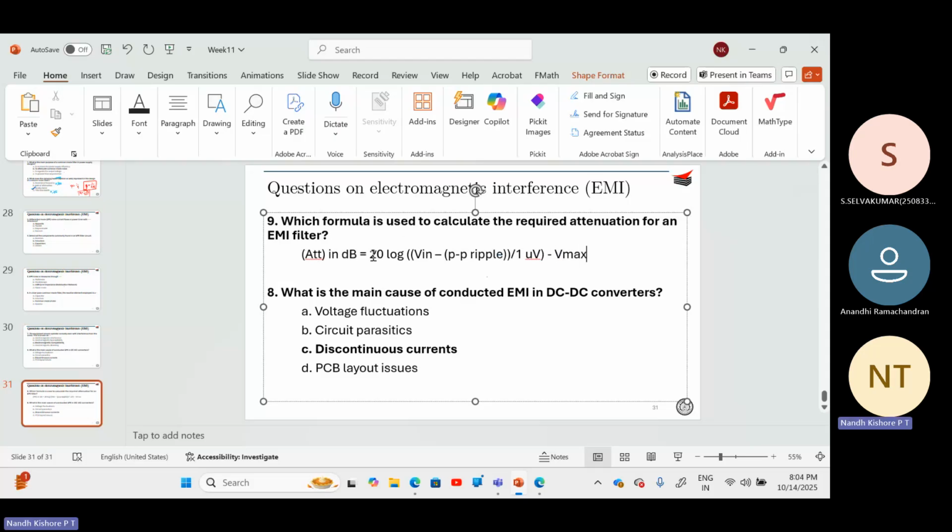Okay, you can refer to this formula. It will just be V in minus the peak to peak ripple needs to be considered, and then yeah, so it is 20 log. Okay.